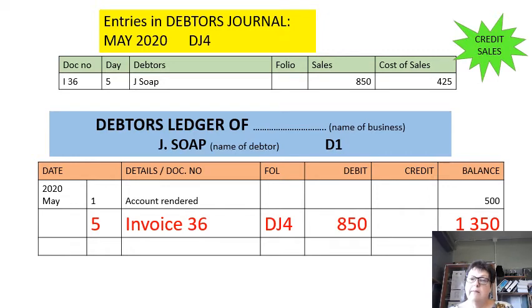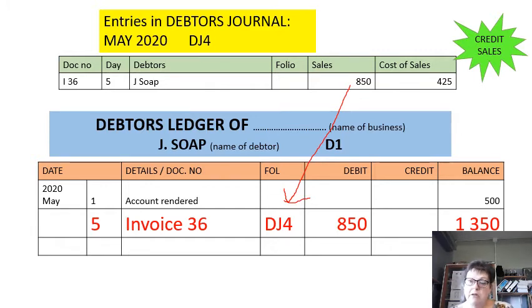So in the debtors journal, we write when we sell on credit. Invoice 56 in the debtors journal on the 5th of May tells us that debtor Joe Soap bought for 850 Rand. So obviously this transaction must be recorded in his account. So how do we do this?